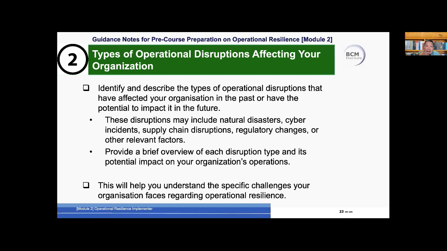Recently, about a week ago or so, EY, PwC, among the organizations affected by MOVEit, there was a cyber attack. These are examples of third party type of threats and how it's going to disrupt your operation. That is something really you have to consider.